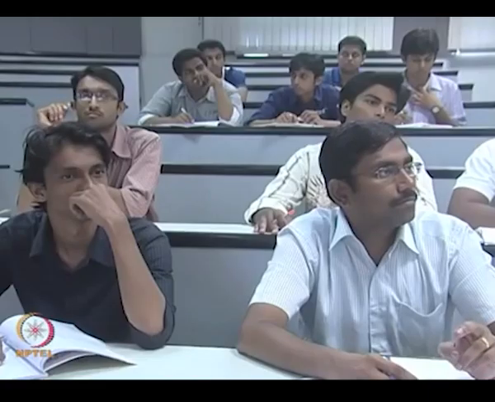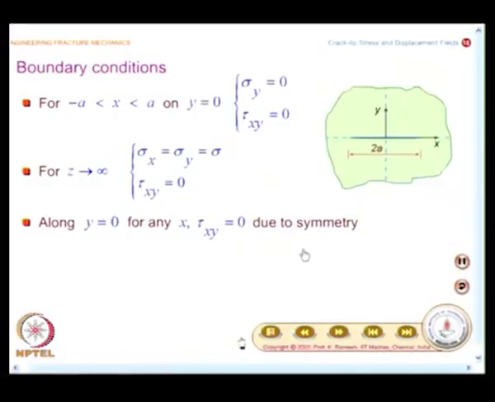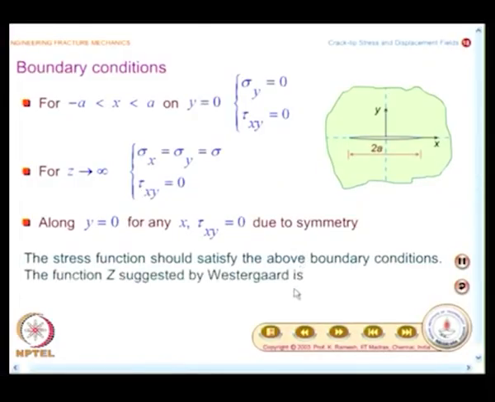He solved conventional problems as well as problems involving cracks, problems involving single crack as well as multiple cracks. And what is the kind of stress function that he had proposed for the case of central crack in an infinite strip? The stress function takes the form capital Z equal to sigma z divided by root of z squared minus a squared.